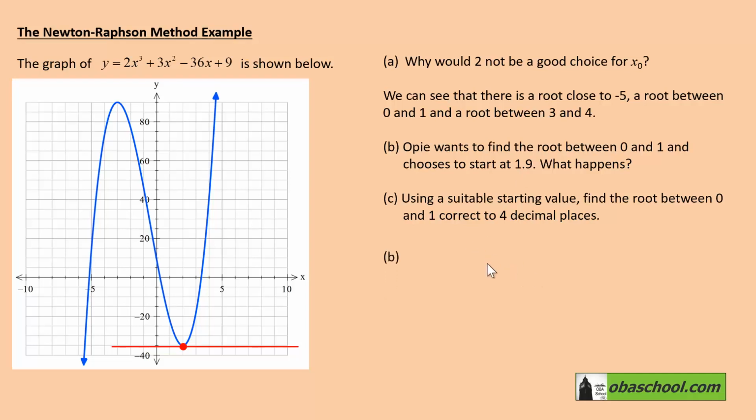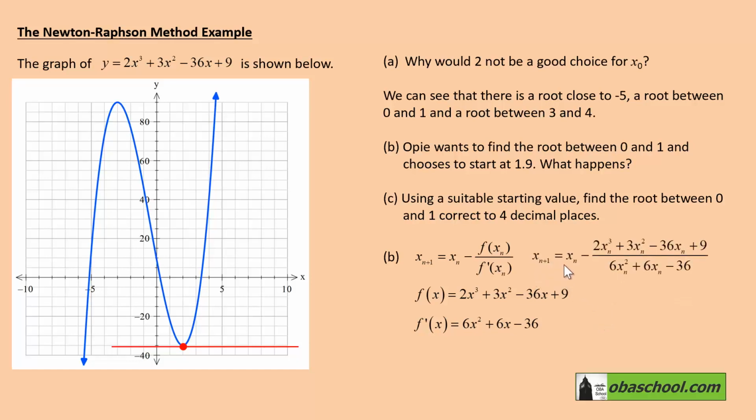Well, to start with, let's get our formula to use. We know the Newton-Raphson formula is xn plus 1 is xn minus f of xn over f dashed of xn. And here, f of x is 2x cubed plus 3x squared minus 36x plus 9. And so f dashed of x is 6x squared plus 6x minus 36.